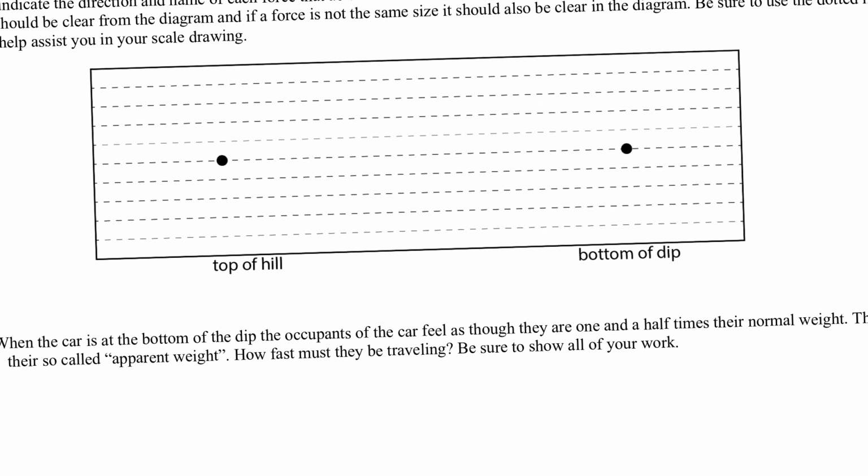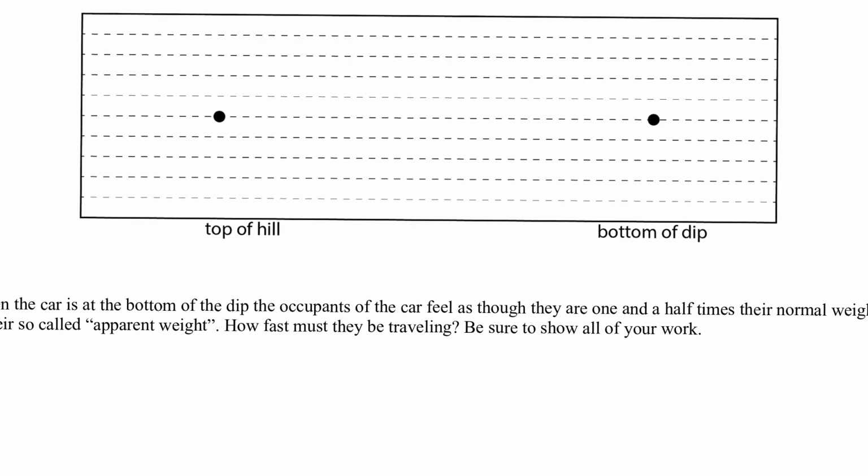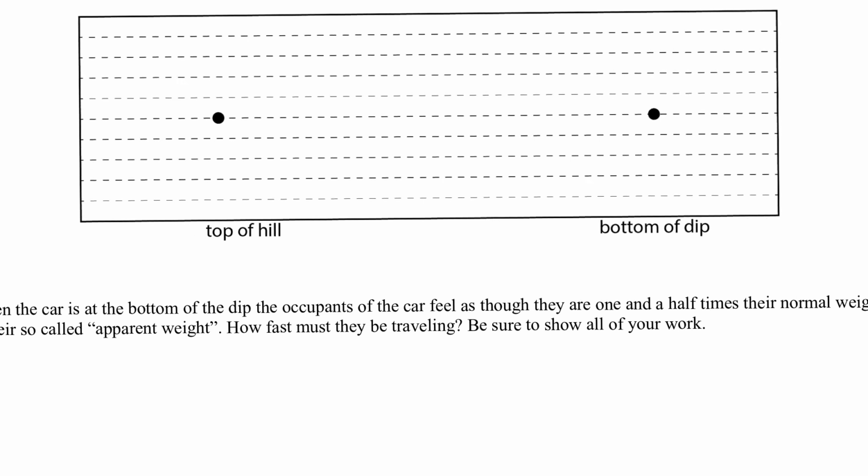So I want to make sure that that is something that happens here in the free body diagram. I'm going to start by making sure I have an arrow that represents the weight for both cars that is the same size. And I want to make it long enough so that there is enough room for me to adequately demonstrate the size of the normal force at both locations.